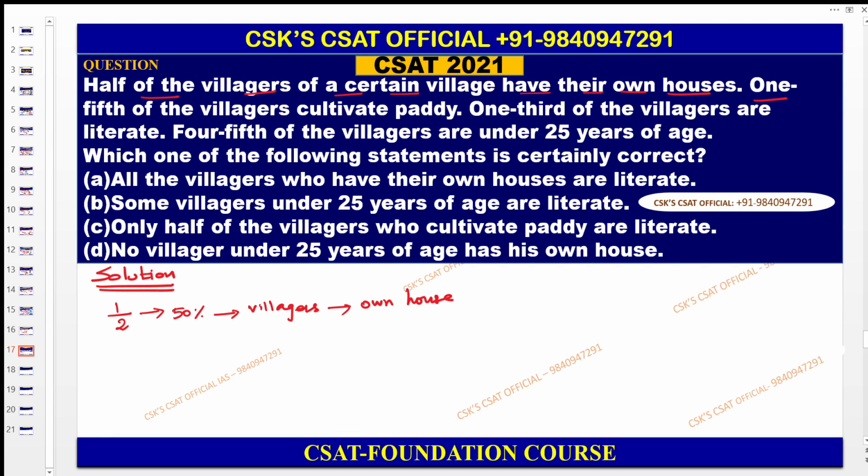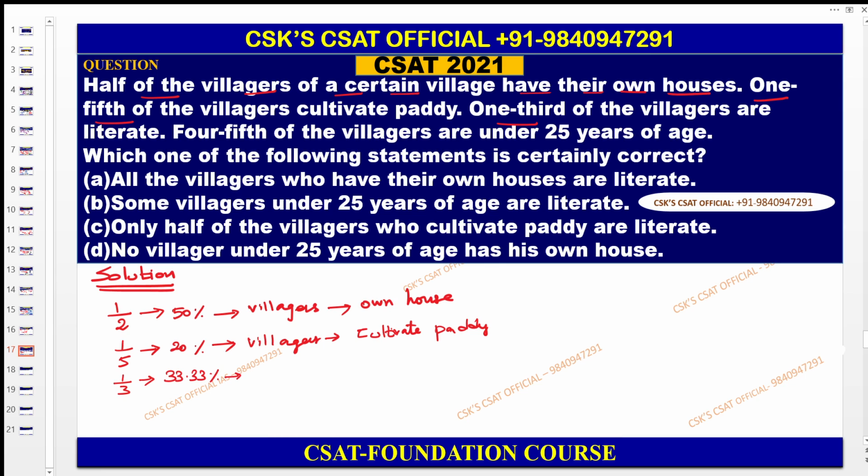Now, 1/5 of the villagers. 1/5 here means 20%. You know, right? In the basics of percentage you learned what is 1/5. Now, 1/5 of the villagers cultivate paddy. Now 1/3 of the villagers, 1/3 means how many? 33.33.